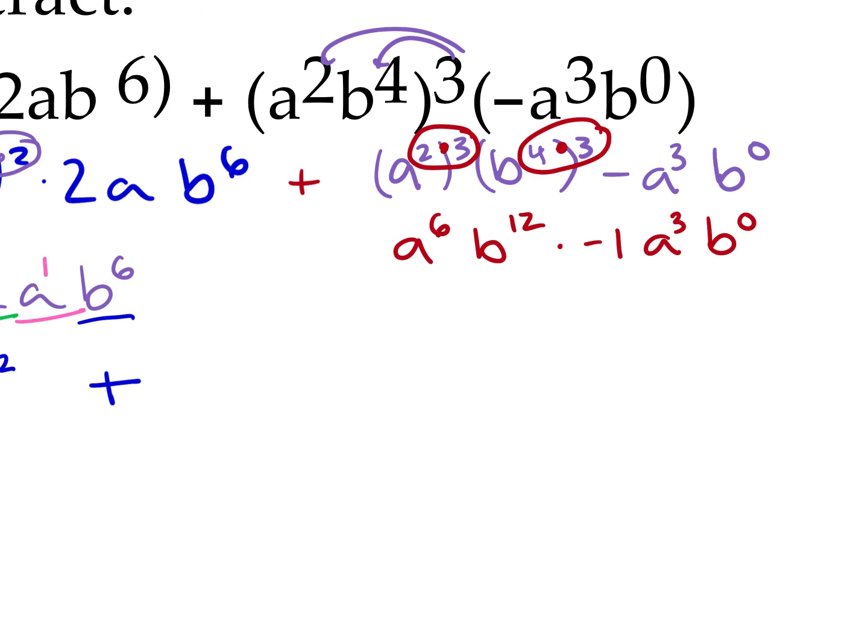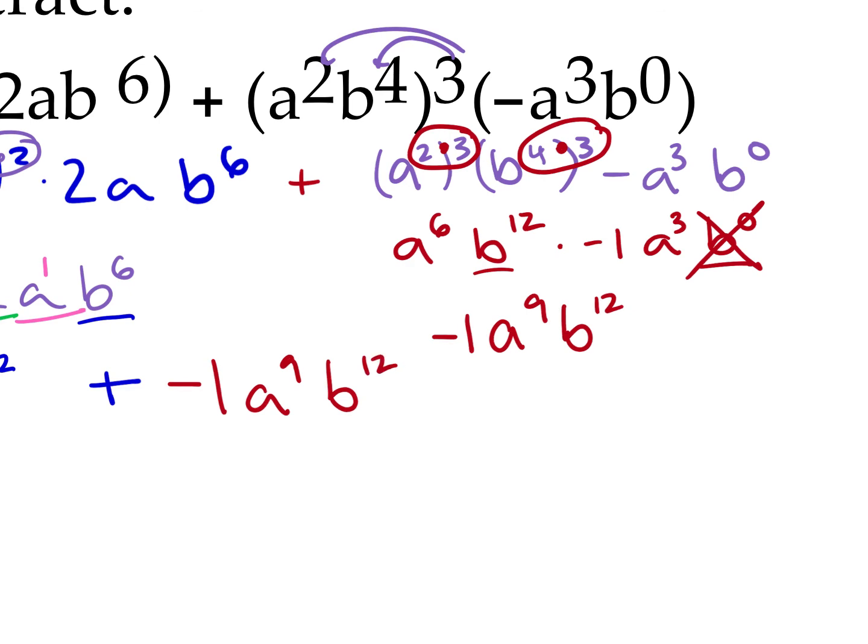What can I do next? Combine the a's. How do I combine the a's? Add the exponent, so a to the 9th power. How can I combine the b's? It's just 12. The b to the power of 0 goes away. So b to the 12th power. And our coefficient in front is -1. This is -1, a to the 9th power, b to the 12th power.